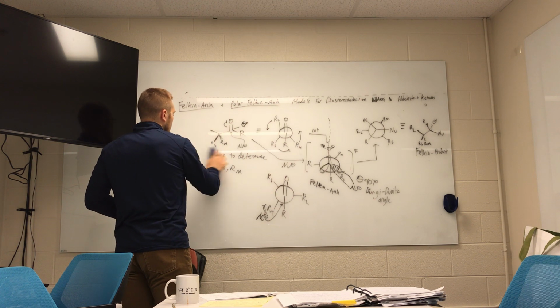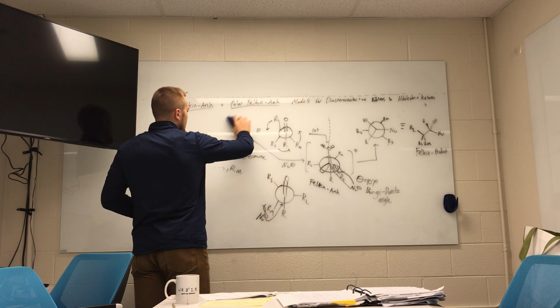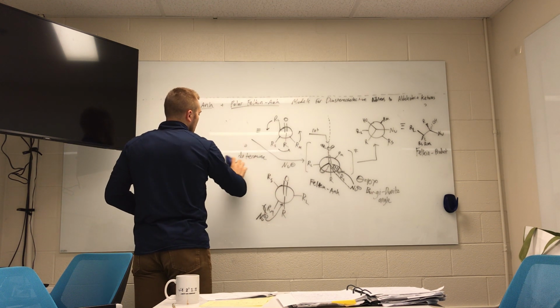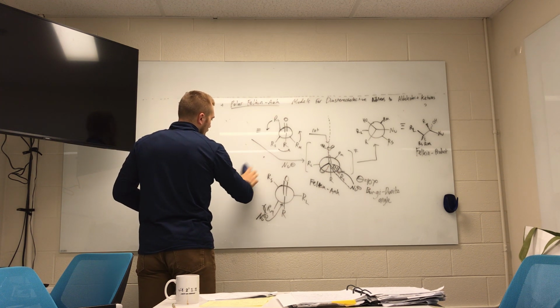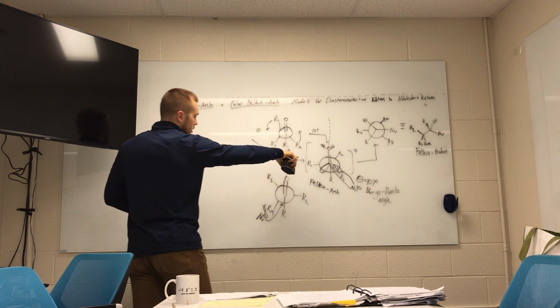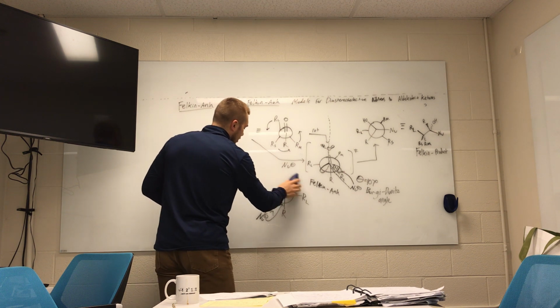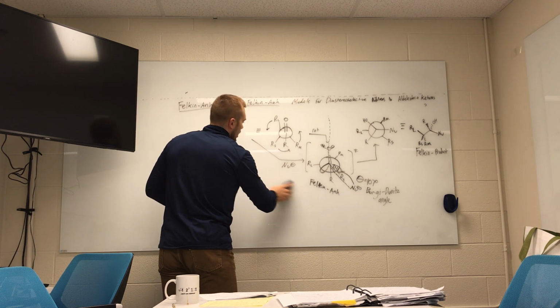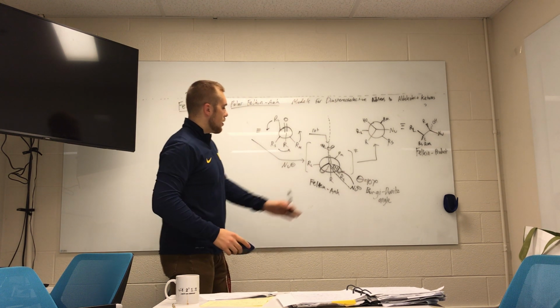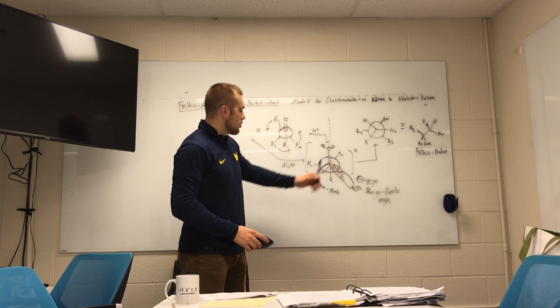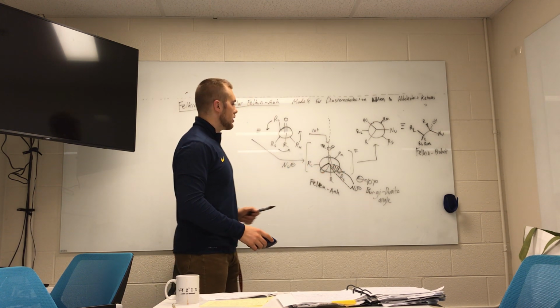I guess while I'm erasing, remember the key thing is in this Felkin-Anh model, when you set up the Newman projection of your transition state here, you always want to place RL perpendicular, and you want to have RS being in the trajectory of where the nucleophile is going to come at your Bürgi-Dunitz angle.